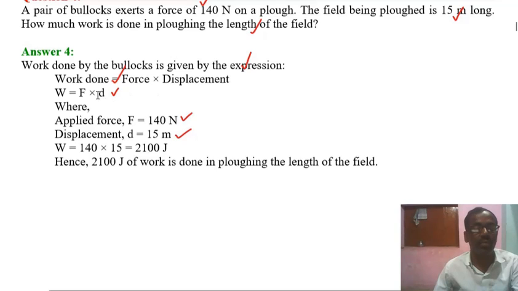Now putting the value of F and D here, we get W, or work done, equal to 140 into 15 equal to 2100 joule. Hence, 2100 joule of work is done in ploughing the length of the field.